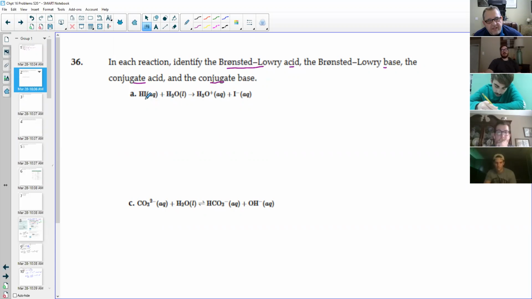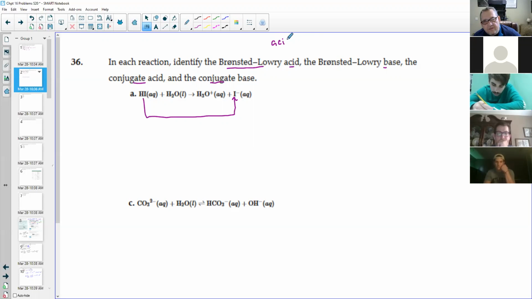So we look at the thing that goes from one form to the other. The Bronsted-Lowry definition of an acid is a proton donor, and a base is a proton acceptor. So we just need to look at who loses the proton and who accepts a proton.